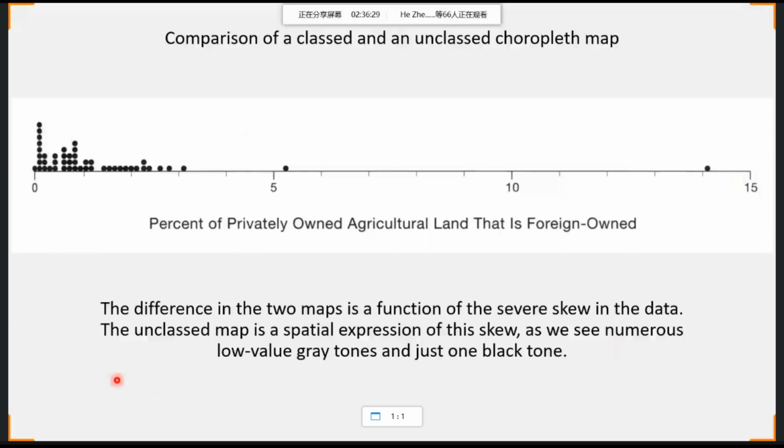The difference in the two maps is a function of the severe skew in the data. The unclassed map is a spatial expression of this skew, as we see numerous low-value gray tones and just one black tone. So just this here is the black tone, and here you have many similar gray values.